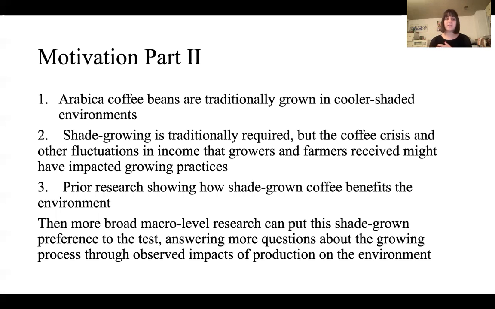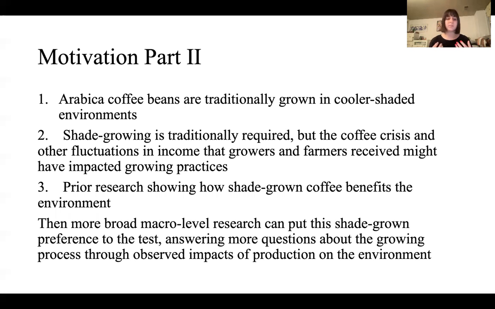And so this introduces a whole plethora of consequences on the environment after changing this growing practice that is more traditional and is probably more beneficial to the environment. So I'm essentially putting this relationship between Arabica coffee bean production and the benefits of shade-grown coffee to the environment.